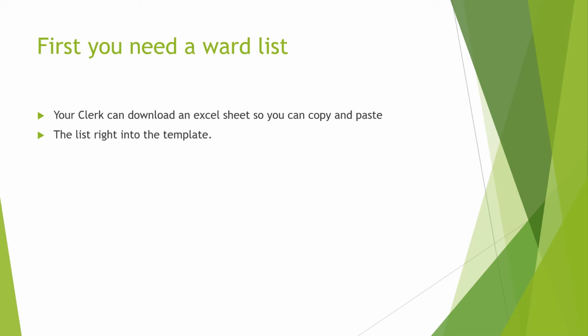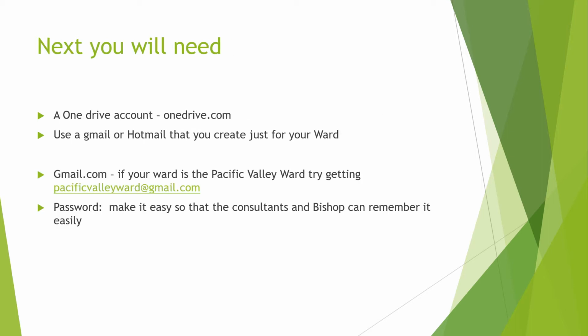First, you need a ward list. Your clerk leader can download an Excel sheet so you can copy and paste the list right into a template. Next, you will need a OneDrive account. So you go to onedrive.com and you use a Gmail or Hotmail that you have already created just for your ward.